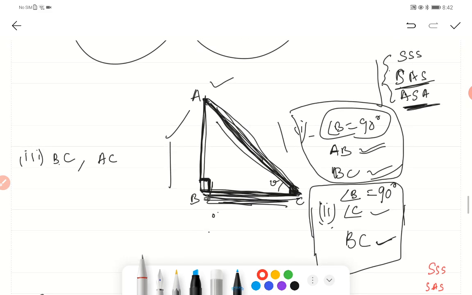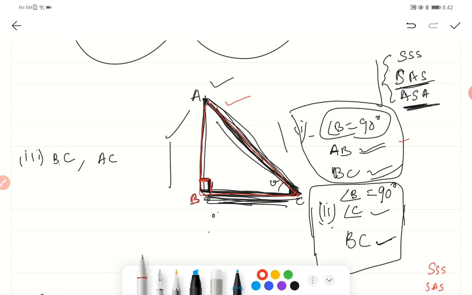In the last video we had seen how this right angle triangle can be made into a congruent triangle by two rules. One angle is known: angle B is 90 degrees.